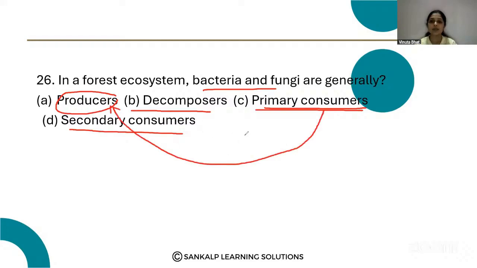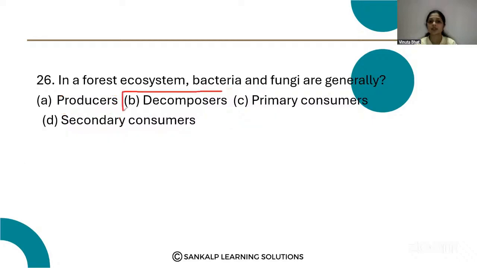Secondary consumers are the organisms which depend on the primary consumers. These bacteria and fungi help in the process of decomposition, hence they are called decomposers. Option B is the correct one, decomposers.